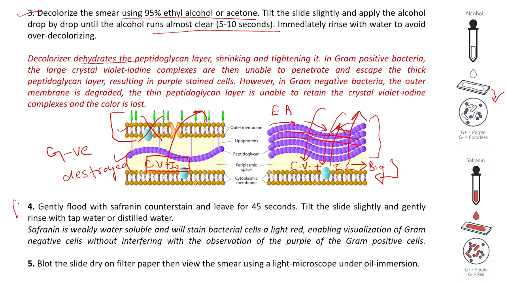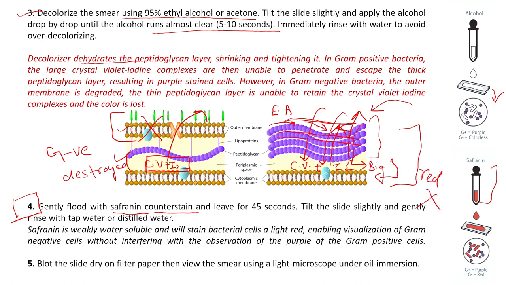Now the fourth step is you put on the safranin counterstain. Safranin has a red color. Now you put safranin here. You already know this layer has shrunk, so there is no space for safranin to enter the peptidoglycan layer. So gram-positive bacteria will not attain the red color.